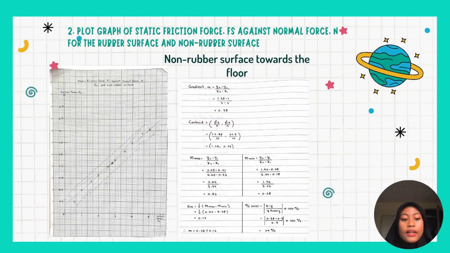Lastly, for the calculation on this graph we have to find the percentage error by using the formula modulus x minus y over y theory multiplied by 100%, and we get the percentage error for the non-rubber surface is 24%.